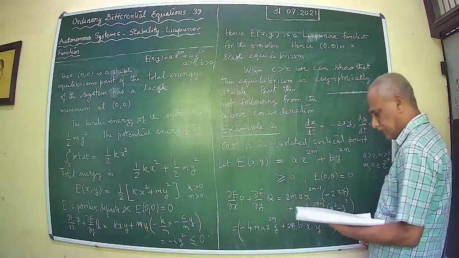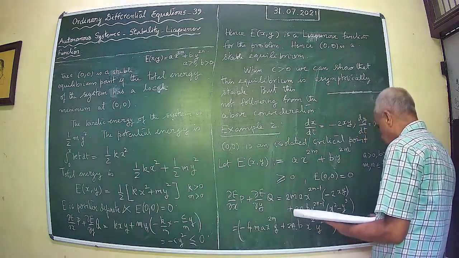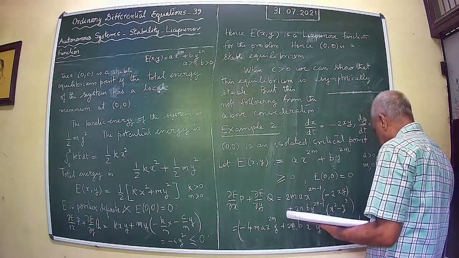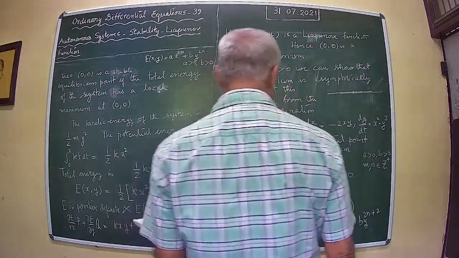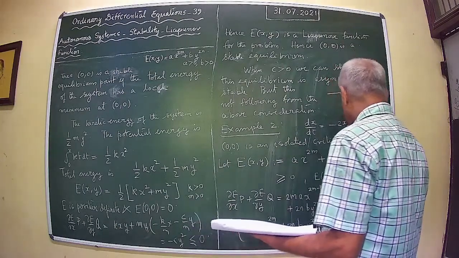I club that together, and this term I write as 2n b y to the power 2n plus 2. Okay, that comes from this term, y cubed term with a minus sign.